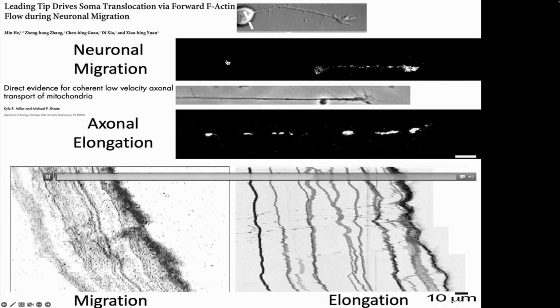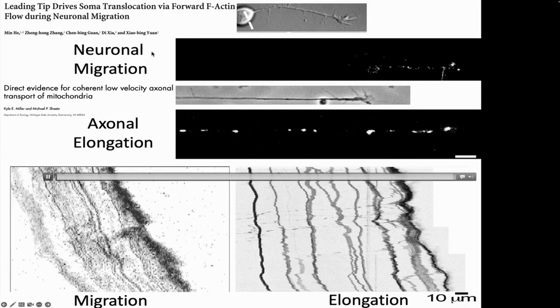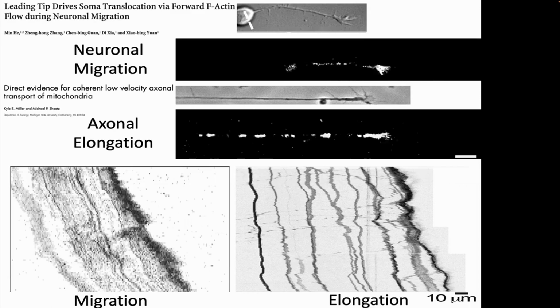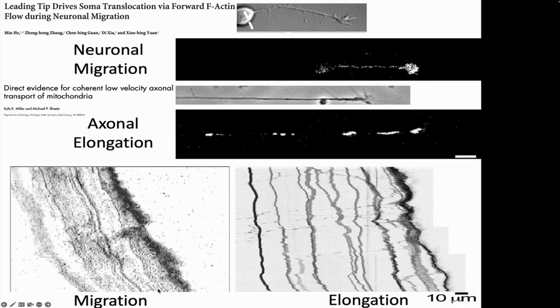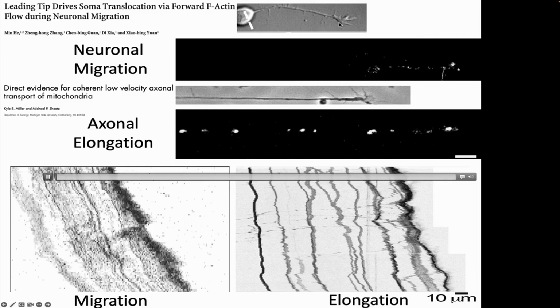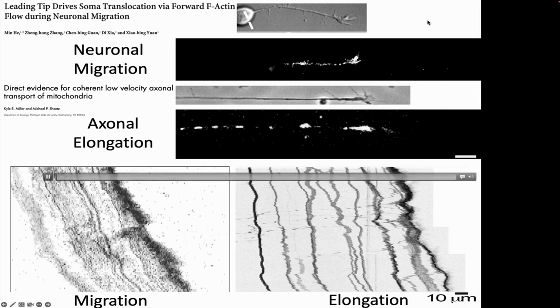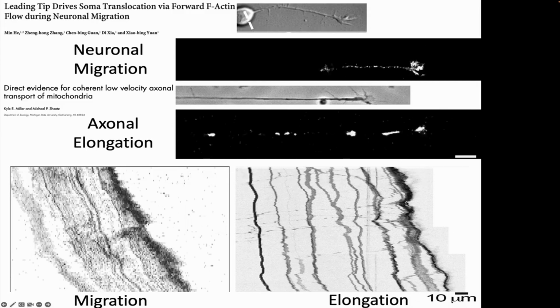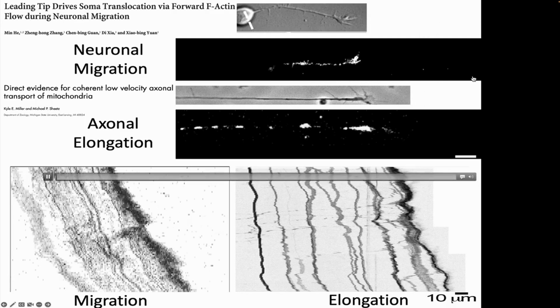So once again, here is a movie of a neuron undergoing neuronal migration. And this is a time-lapse movie tracking the motion of docked mitochondria along the length of the axon during elongation. In both neuronal migration and axonal elongation, we have a growth cone at the very tip, and once again, a long, thin axon. If you watch the movie for a moment, you can see towards the front we have a growth cone in both cases, and they're both advancing.